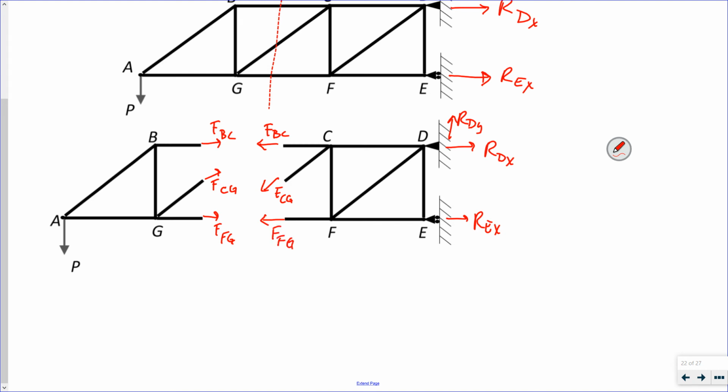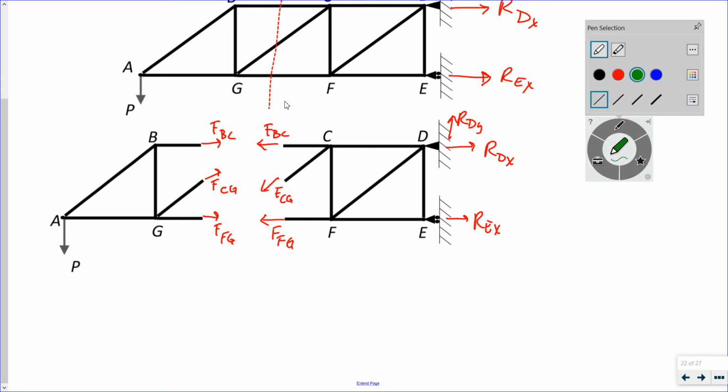Now I probably could have solved for those reactions just as the entire structure if you want to, but that wouldn't give me my member forces. So if I look at the section on the right, I'll call that section number 1.